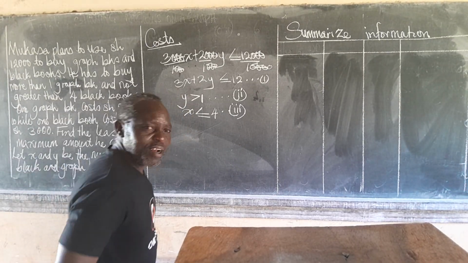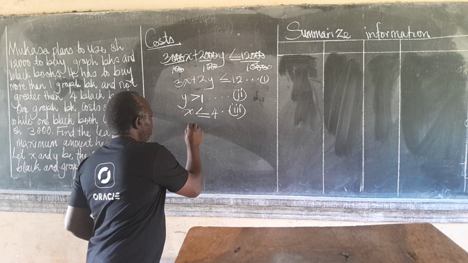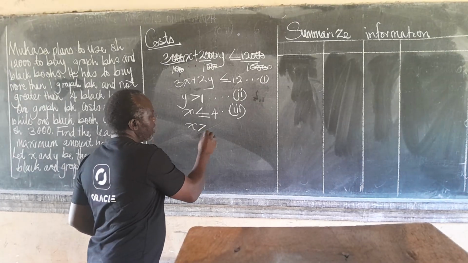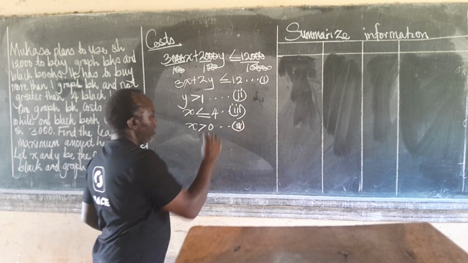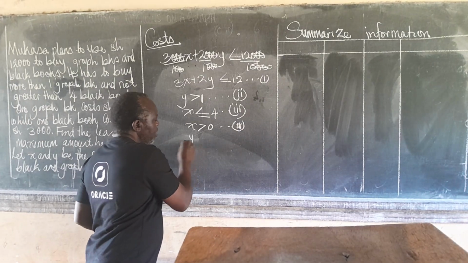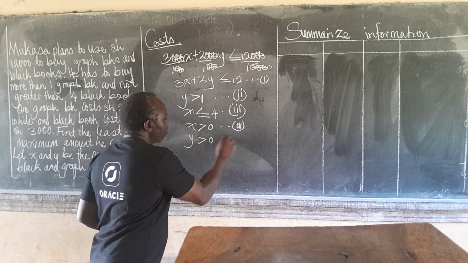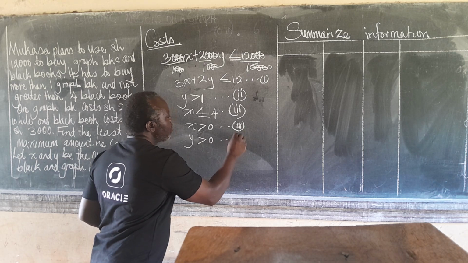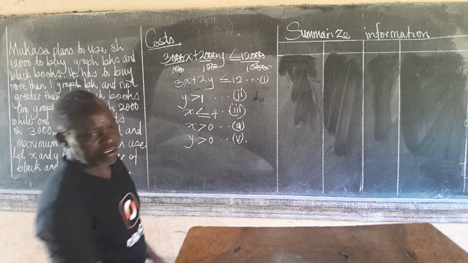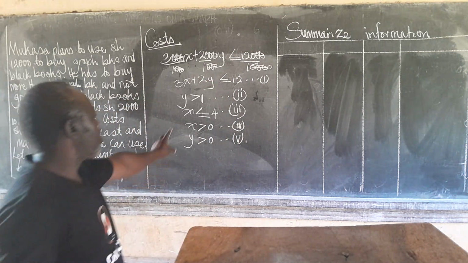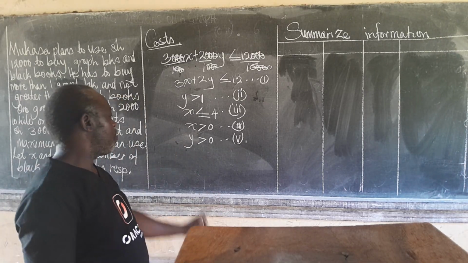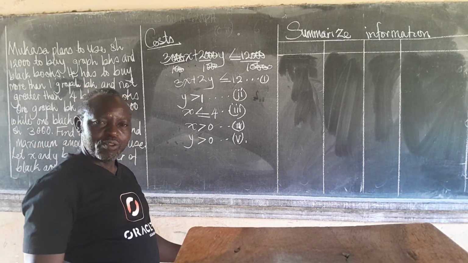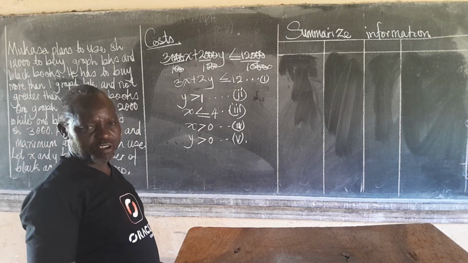So the other inequalities are x is greater than 0 and y is greater than 0. Though these are obvious, you may find there is no need of shading these, but where the need arises, we can also state them.